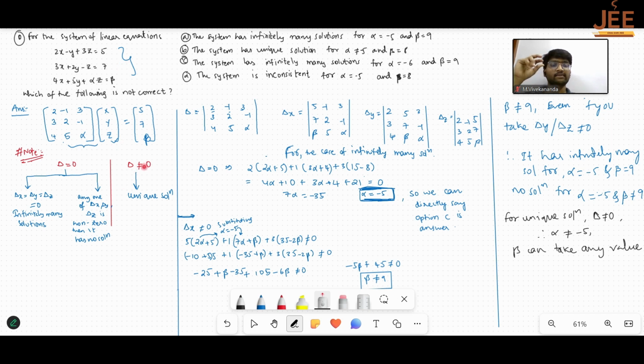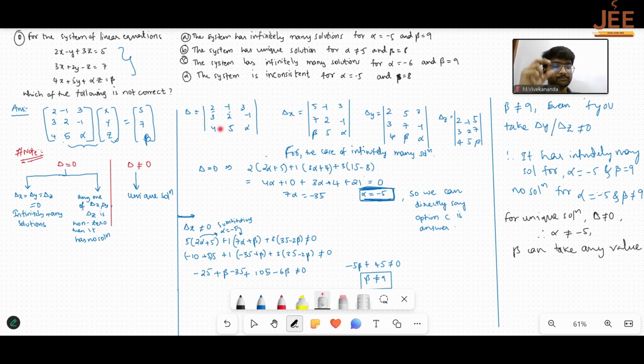After writing this, we will have two cases: either delta is 0, or delta is not equal to 0. Now the question arises, what is delta? Delta is the determinant of the coefficient matrix, meaning we write all the coefficients of x, y, z as shown. You can see here 2 3 4 are the coefficients of x. All the coefficients of x are written in one column, the coefficients of y in one column, and the coefficients of z in one column.